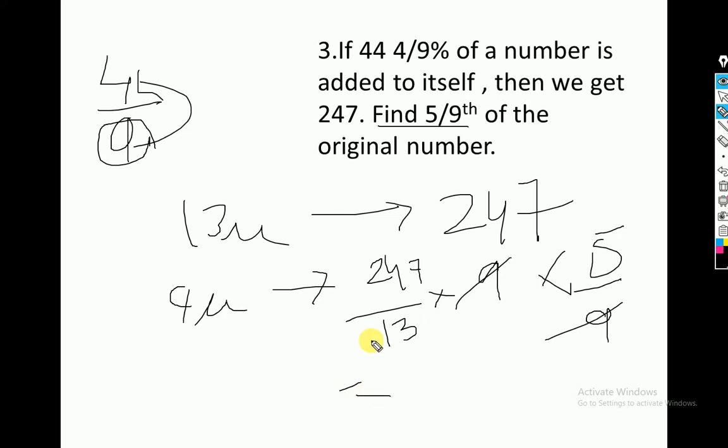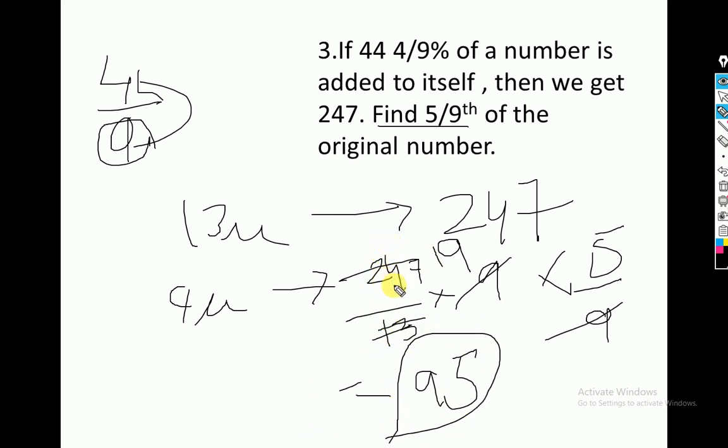You have to cancel 13 once, you get 19. 13 9s are 117, and then 19 into 5 is 95. So this was a pretty simple one. This is how you do these type of problems.